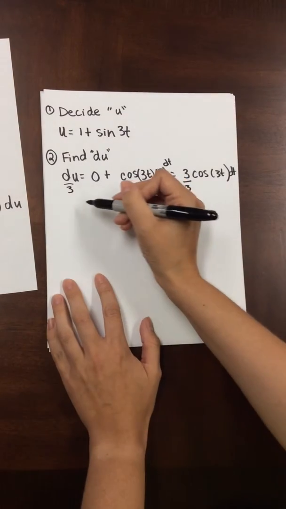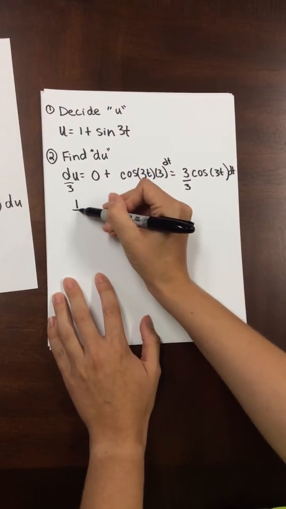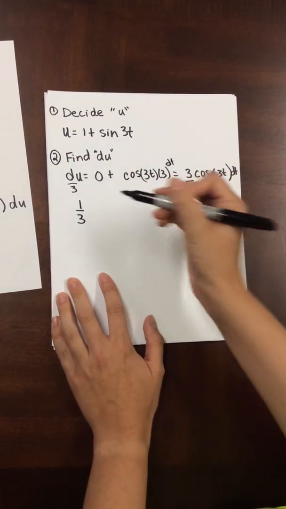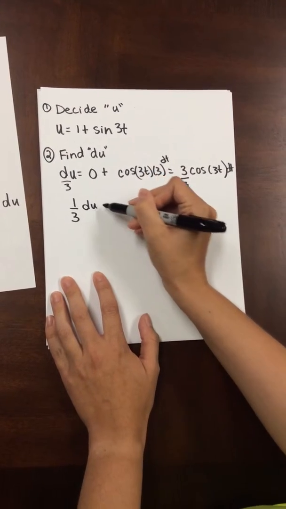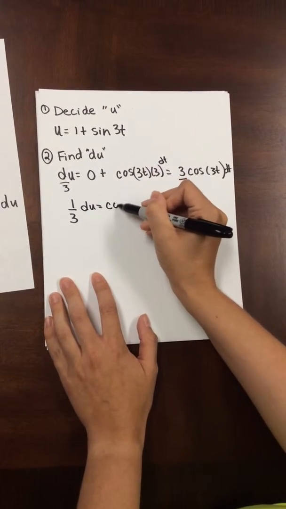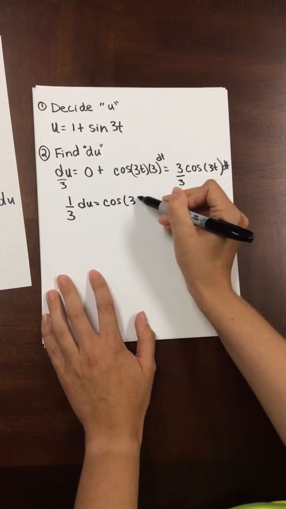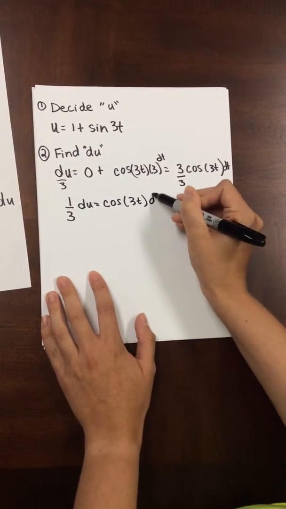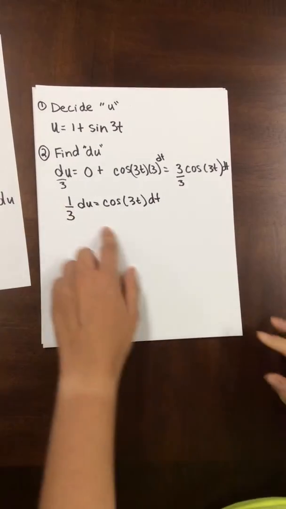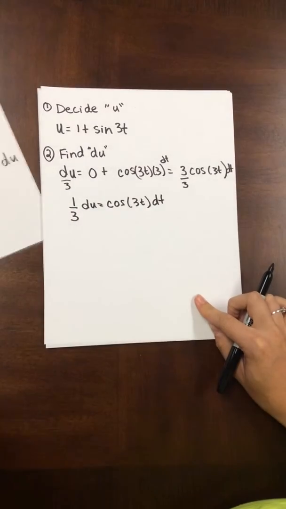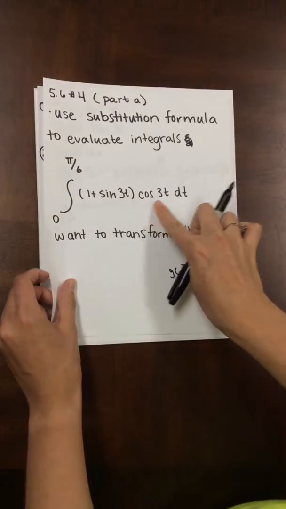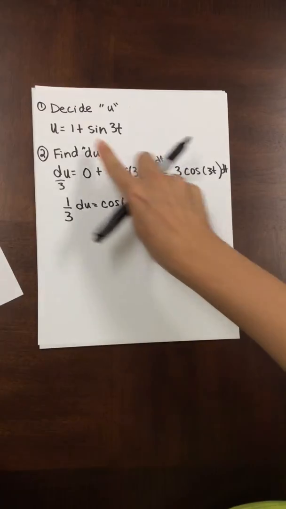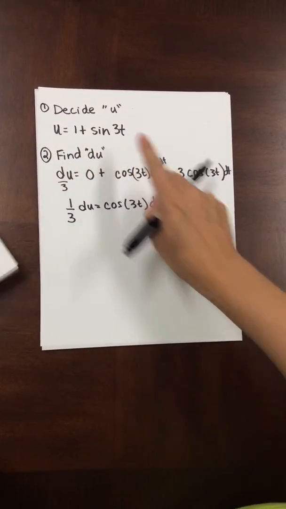I like to write the fraction out in front, so I write 1/3 du equal to cosine 3t dt. Now if you look, we have the cosine 3t dt, and then the u, the 1 plus sine 3t.